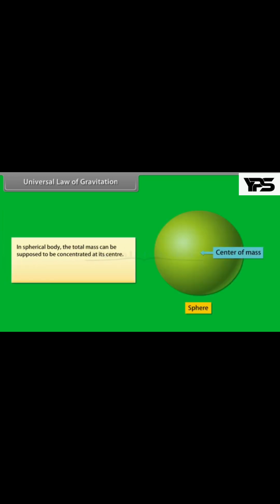In a spherical body, the total mass can be supposed to be concentrated at its center. For bodies of other shapes, the distribution of mass needs to be considered. The gravitational constant.